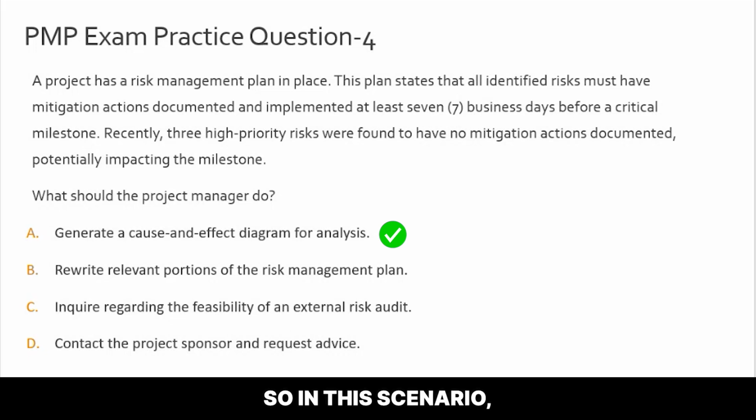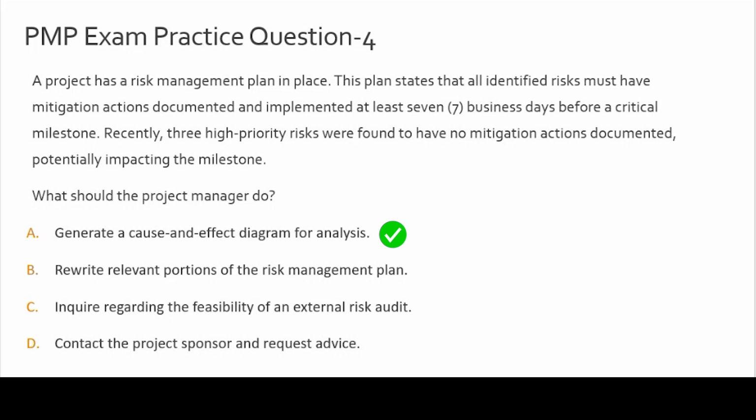Okay, so in this scenario, the focus should be on quickly diagnosing and addressing the root cause of the failed process before you go ahead and explore extensive measures like an audit, which of course could be done, but it could be an action as part of your lessons learned, and then you do an audit and put some systemic measures in place so that these kinds of situations don't happen in future. But in terms of what the project manager should do now, of course doing an external audit is not something which is an immediate need in this scenario. That is why option C is incorrect.